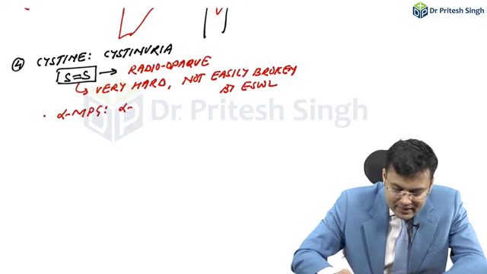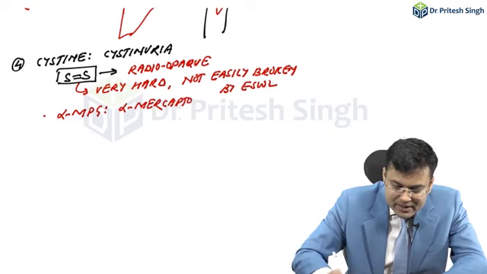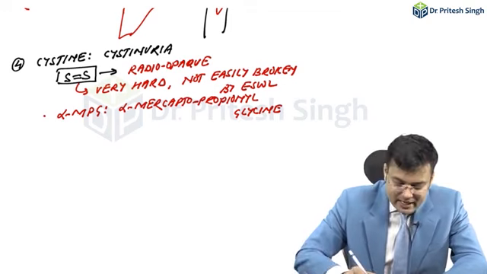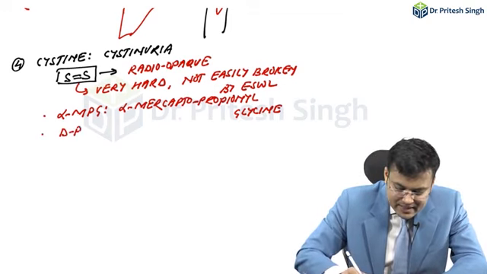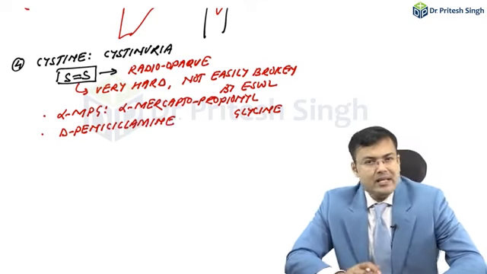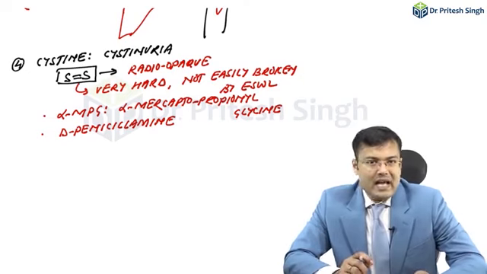Full form, alpha mercapto propionyl glycine. And the second one is D-penicillamine. This D-penicillamine is less preferred. Preferred agent is alpha MPG.